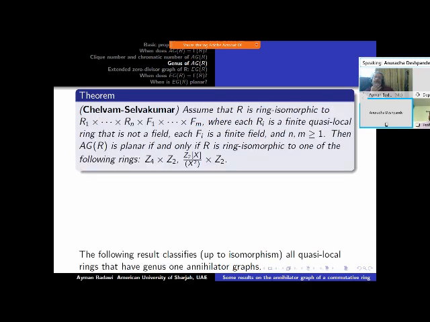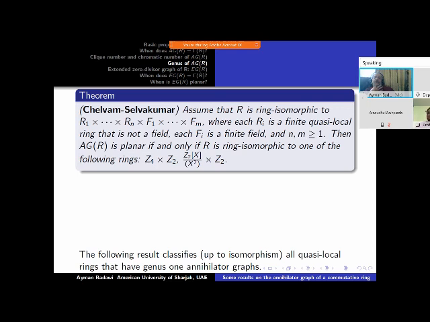Also, they did it for R isomorphic to a quasi-local finite ring combined with fields, like R1 can be Z8 or Z9 and so on: Z8, Z9, Z25, and you take Z3, Z5, Z7, okay?